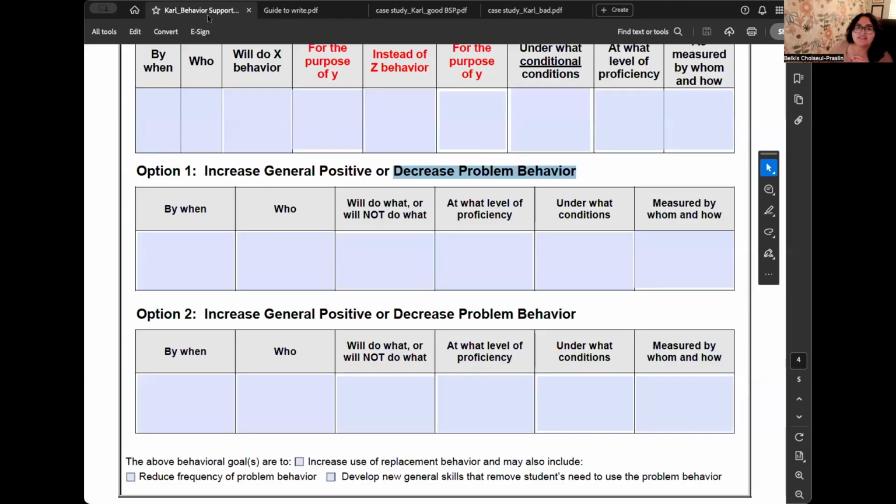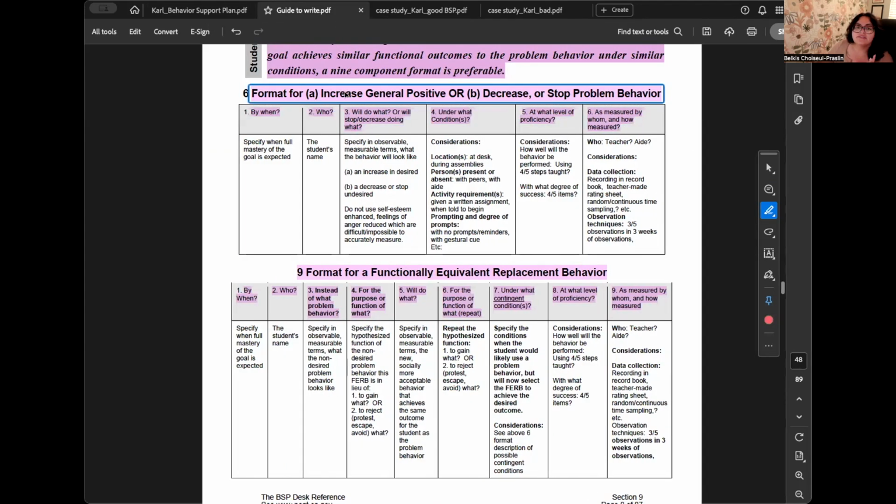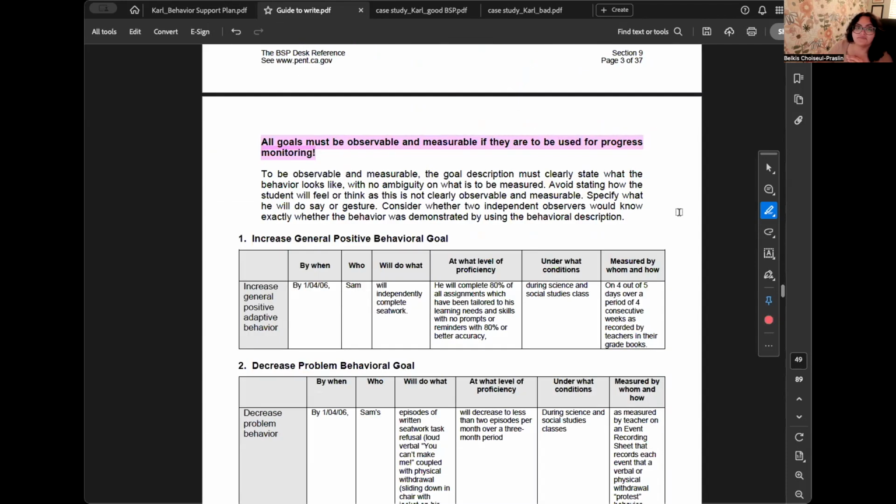And that actually does not have 9 sections. It has 6 sections, and we will follow the 6 format goal guide here. Same thing as the 9, but it's looking at, what do we want to do? We want to increase, we want to decrease, and we want to stop. In either of these cases, it is going to help us figure out how to write in each of these sections.